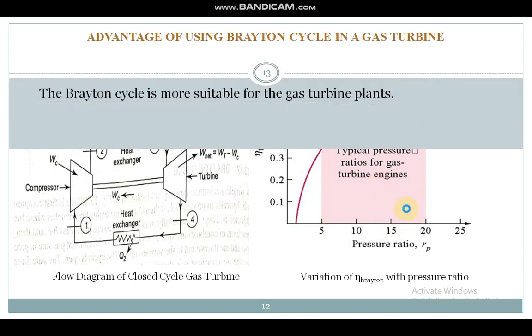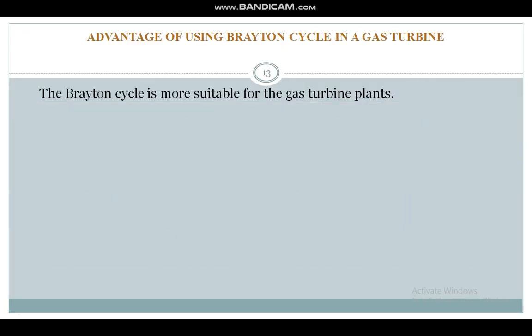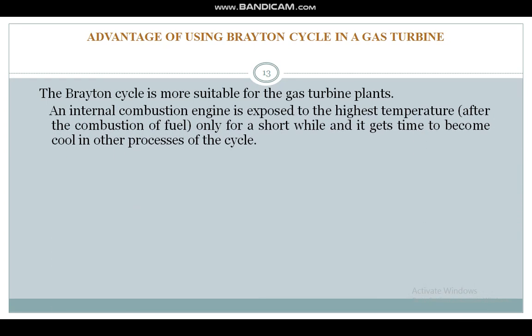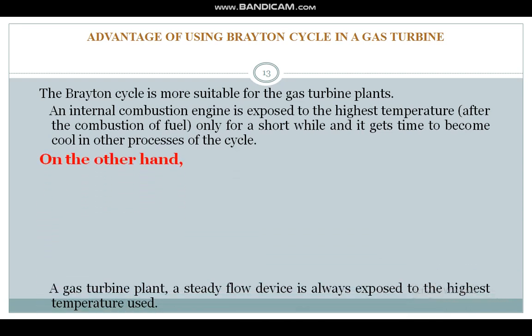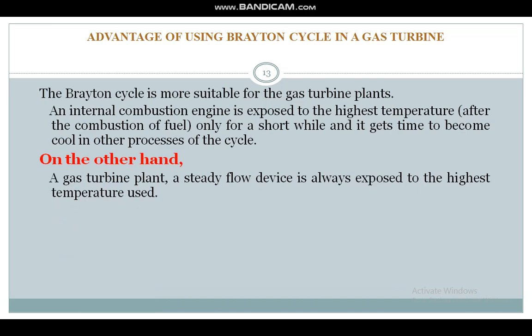The Brayton cycle is suitable for gas turbines mainly because in internal combustion engines the engine is exposed to the highest temperature only for a short while, and it gets time to cool in other processes. But in a gas turbine, as it is a steady flow process, it is always exposed to the highest temperature.